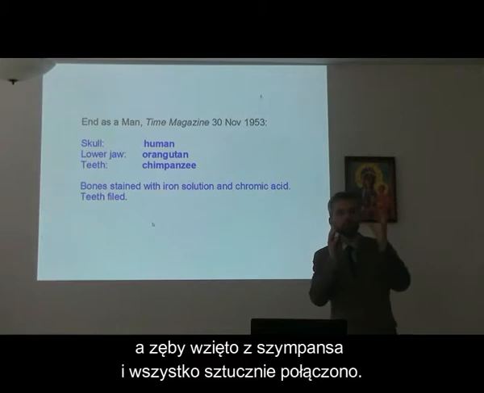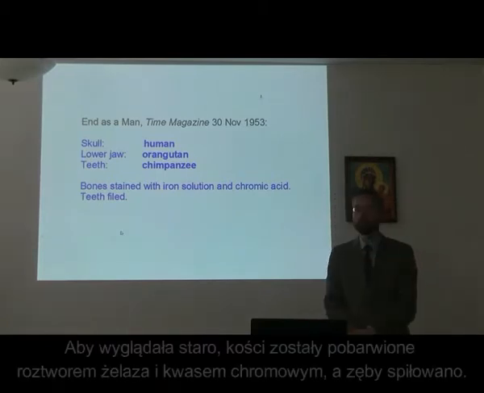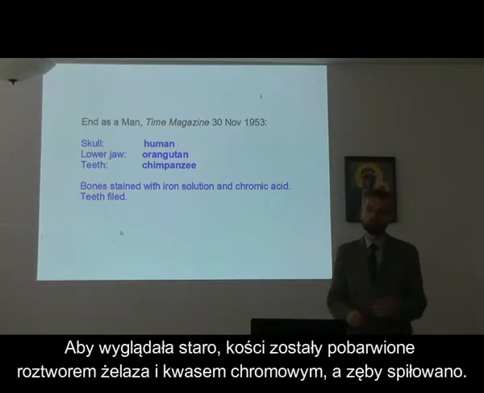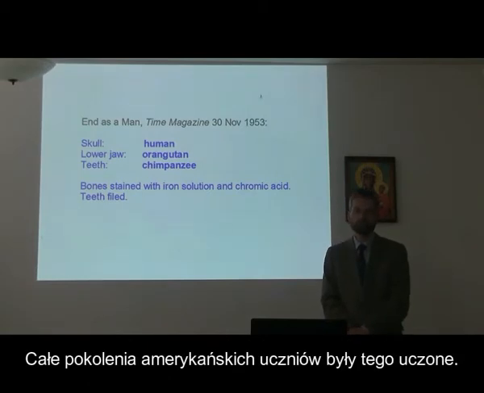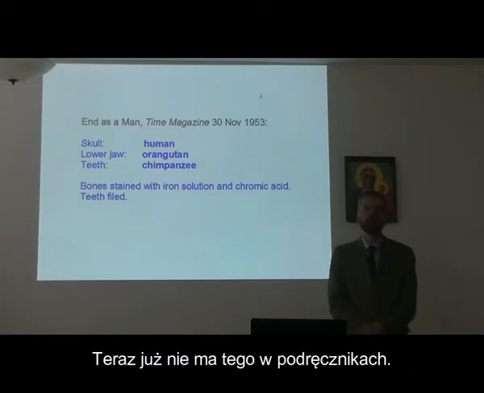They were all put together artificially, and to make it look older, the bones had been stained with iron solution and with chromic acid, and the teeth were filed. Generations of American students have been educated in this. Now you no longer find it in the textbook.